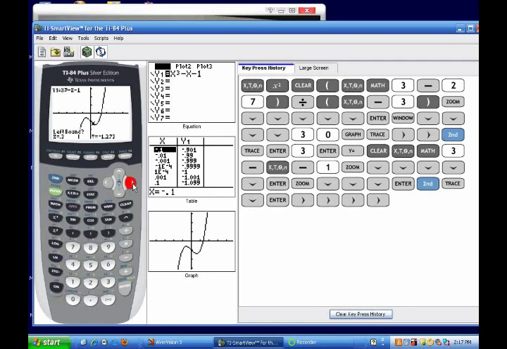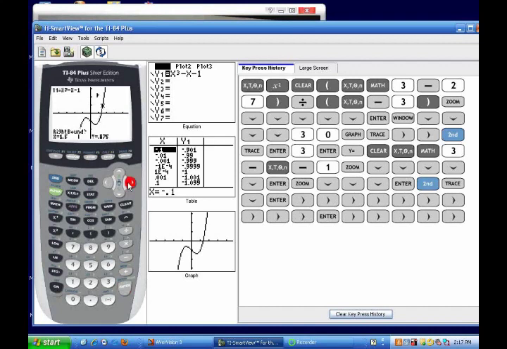So left is just to be to the left of the x-intercept, about right there. Hit enter. Right is to scroll to the right side of the x-intercept, about right there. Hit enter to answer it. And then guess it right on. Enter, and that x value is 1.324718 rounded off, okay?